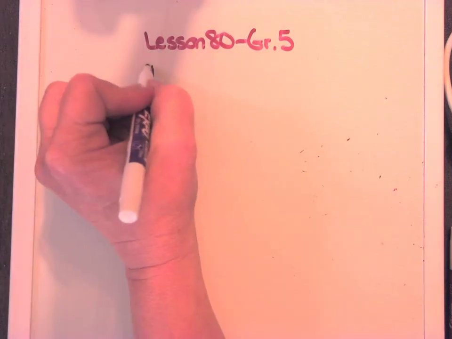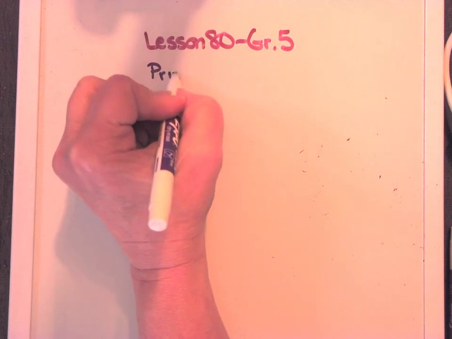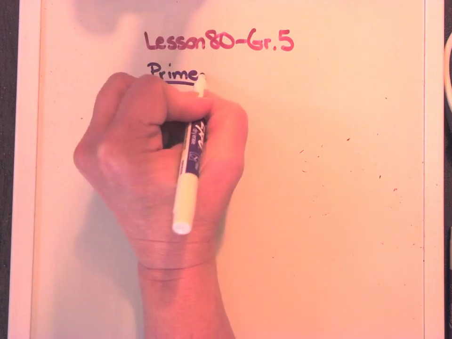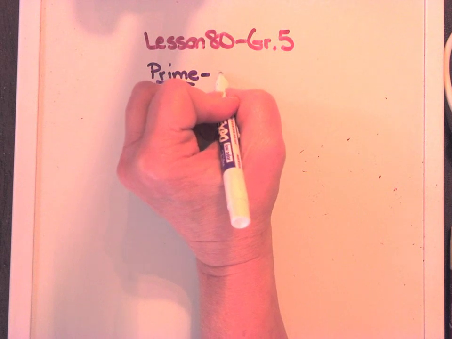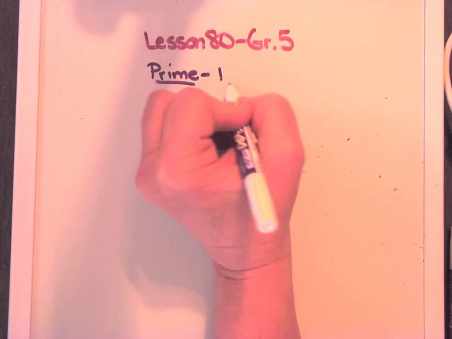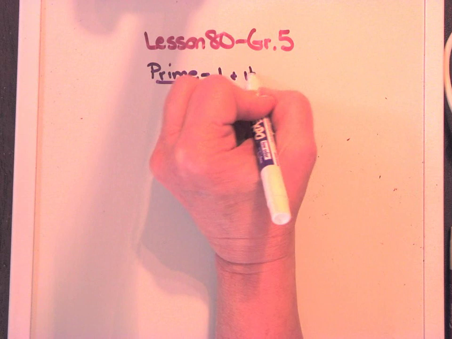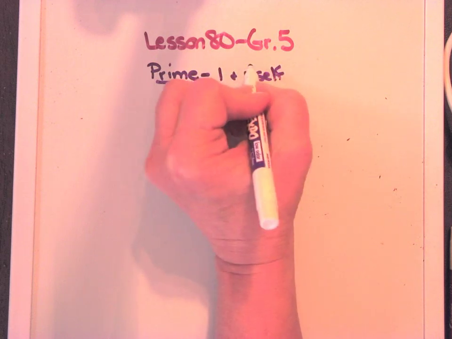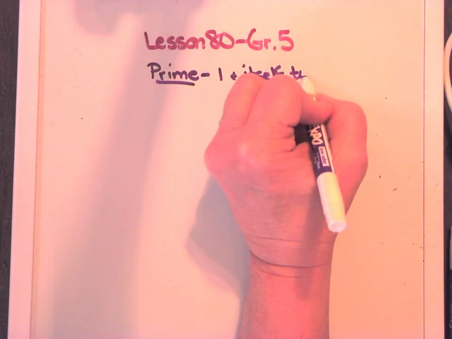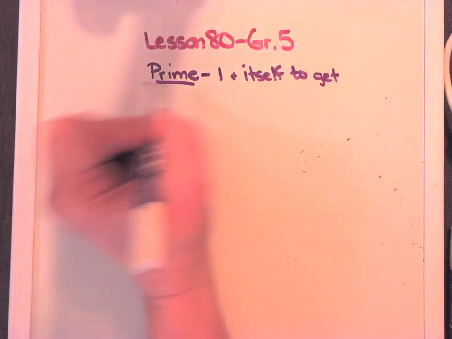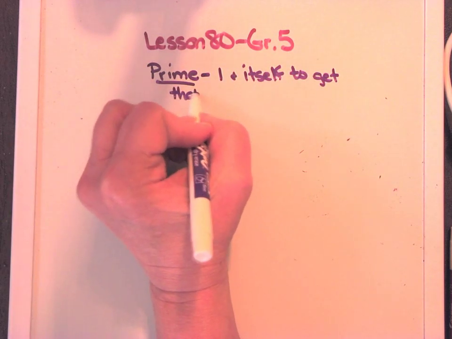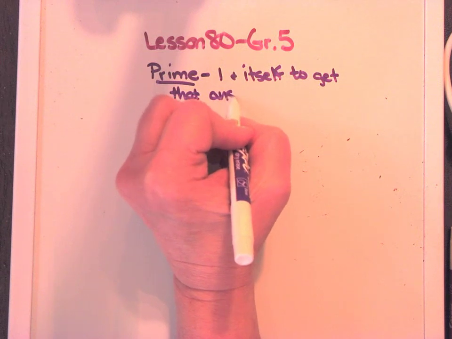Well, if a number is prime, that means it has only multiplication by 1 and itself to get that answer in multiplication.